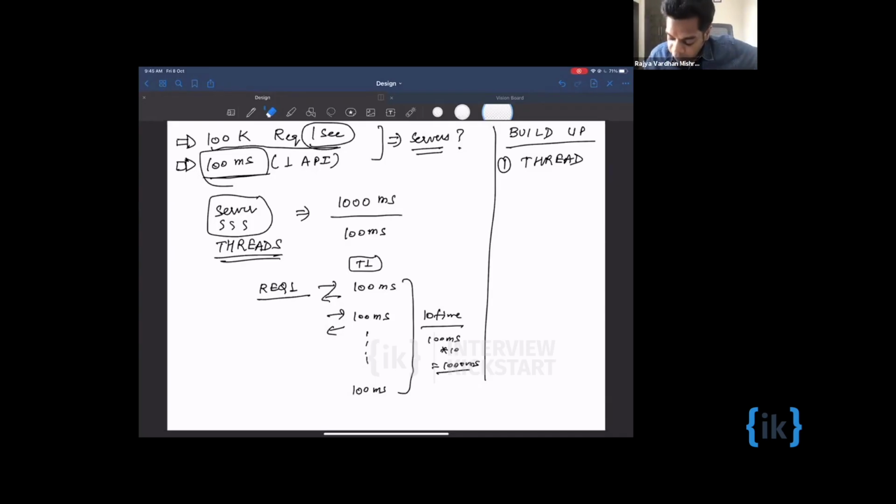The 100,000 requests per second is coming from all the users. I'll update it in the slides also. Whenever you want to guesstimate how many requests would be coming to the server, in the case of social networks you can easily take 100,000 or 200,000 requests per second.